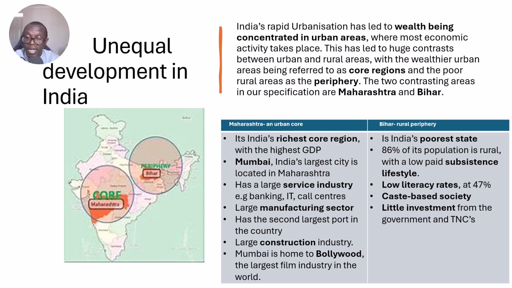So they don't sell anything to anybody else, and therefore remain fairly poor. Now, the literacy rates in Bihar as well are fairly low, and they are at 47%. So almost half of the people that live in Bihar cannot read or write. Now, that obviously has serious implications in terms of them finding employment and being able to support themselves.